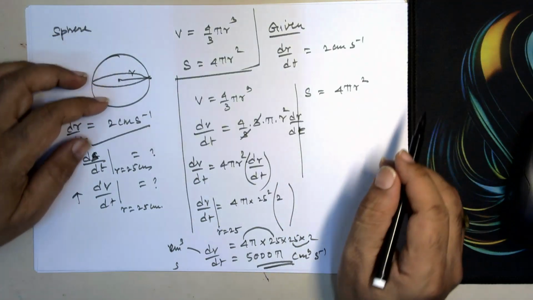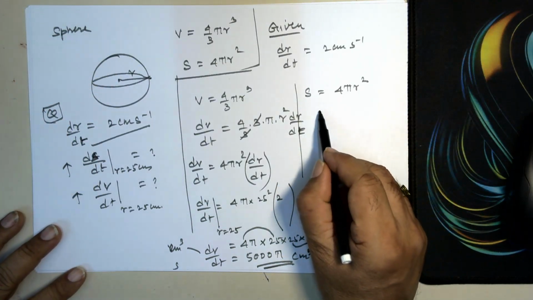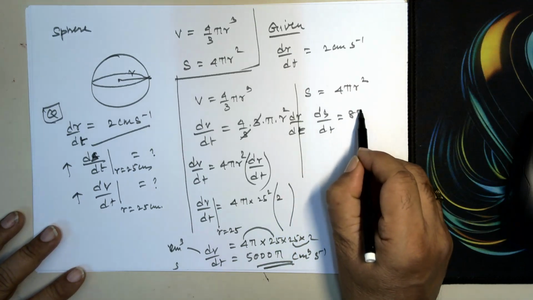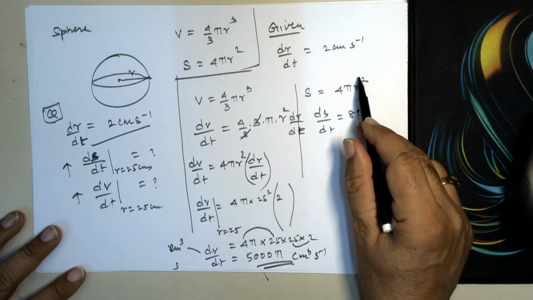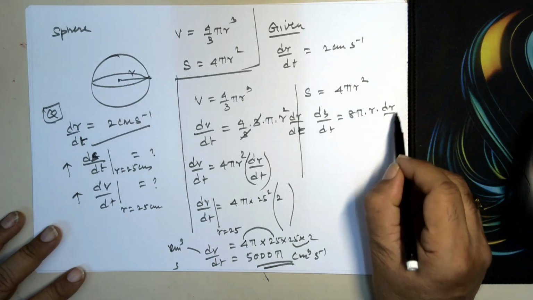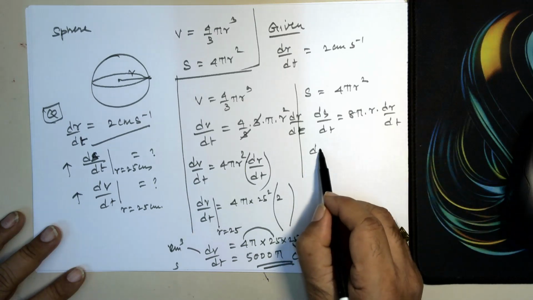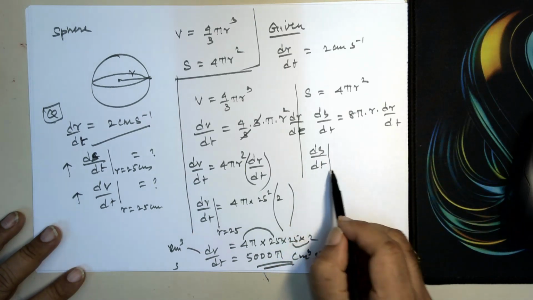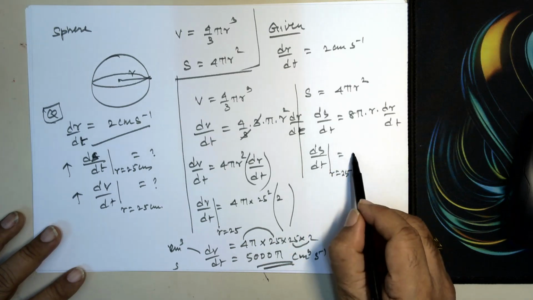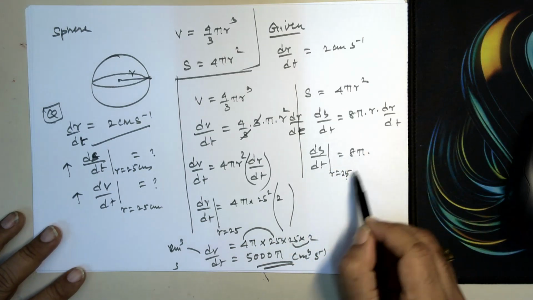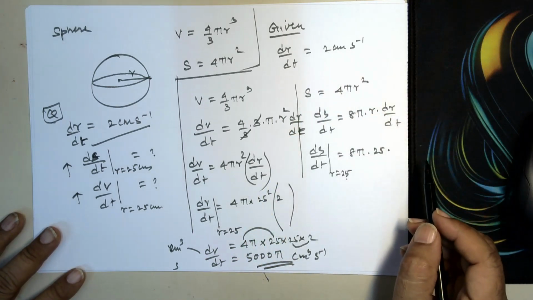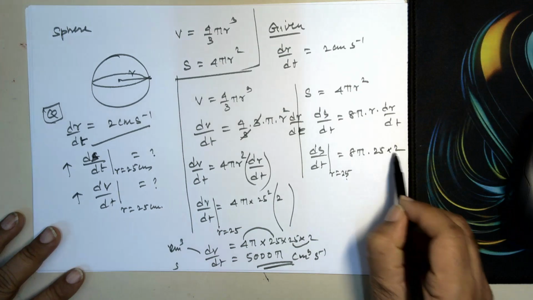Now let us work out S. In the case of S, dS by dt is 8 pi into, 2 into 4, 8 pi into r into dr by dt. So dS by dt at r equal to 25 is equal to 8 pi into r value 25 into dr by dt, which is 2.